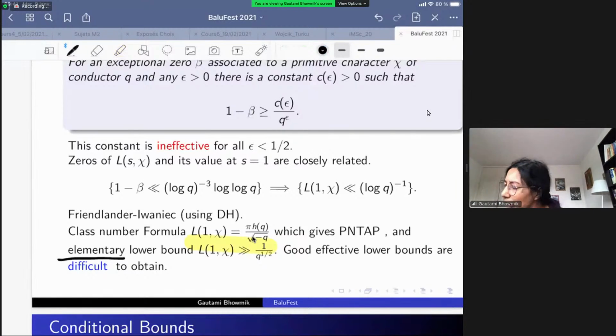However, good effective lower bounds are very difficult to get, yeah? You are looking for two things: it's good and it's effective. You can't quite just sit down and feel very bad about it. And so this is elementary, yeah.